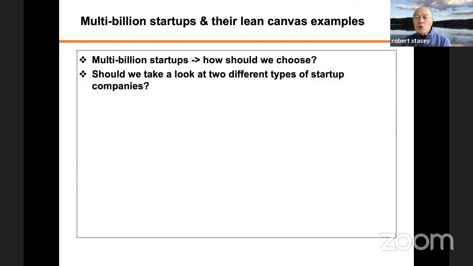So we're going to use two fundamental requirements when choosing the companies. First, we're going to pick only unicorn startups. Second, we're going to pick companies founded before the lean startup's first release, which was in 2011. And we're going to look at two different types of startup companies, one that's invention-based and another that would be money-driven.